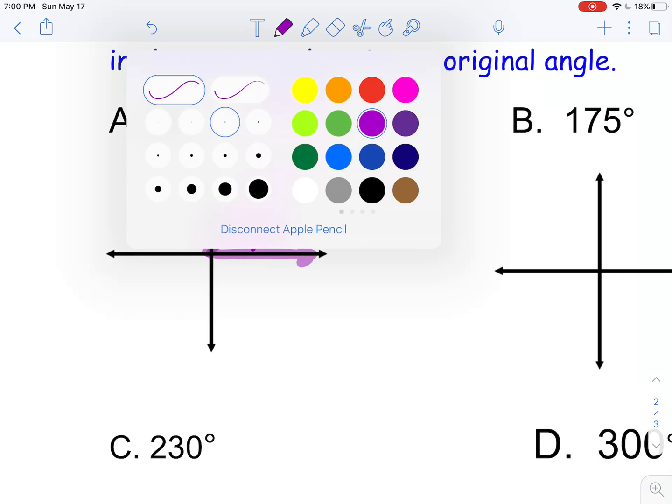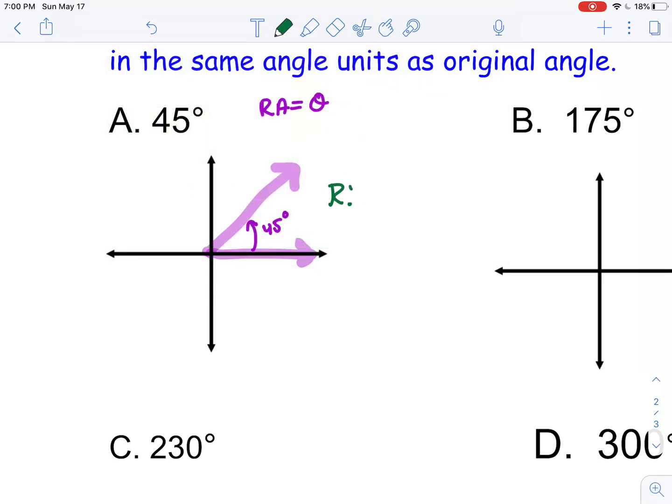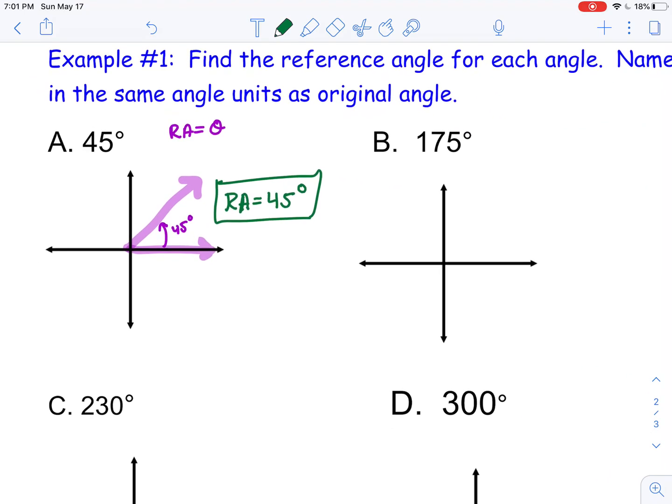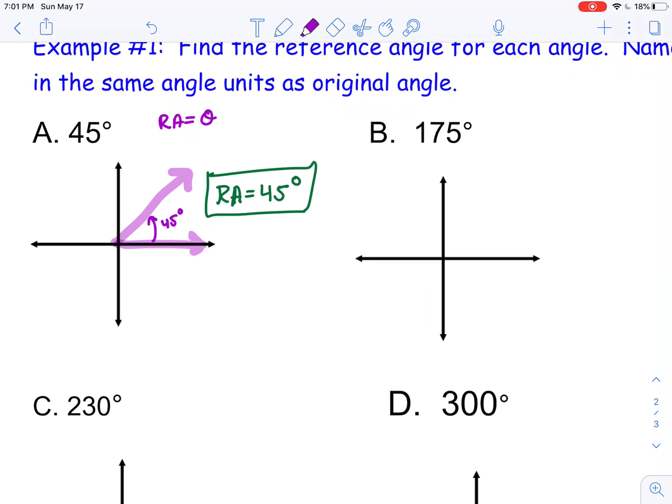So that means my reference angle here is also equal to 45 degrees. Let's look at a second quadrant angle. If I look at 175, that's in quadrant 2. So this is my theta. This is 175 degrees.